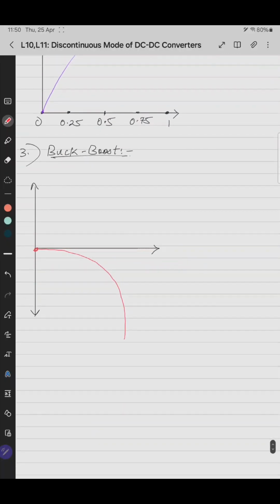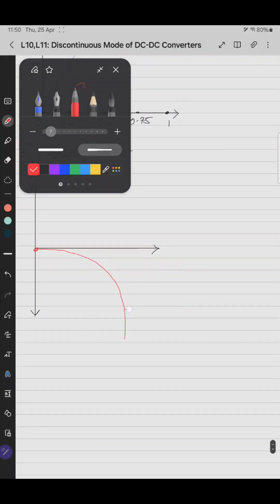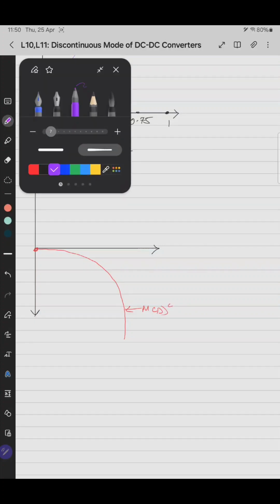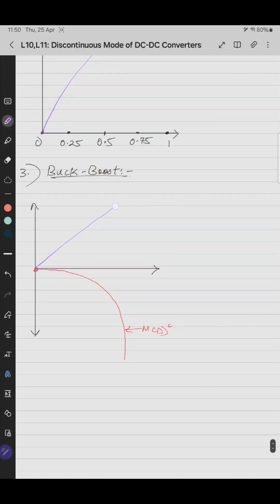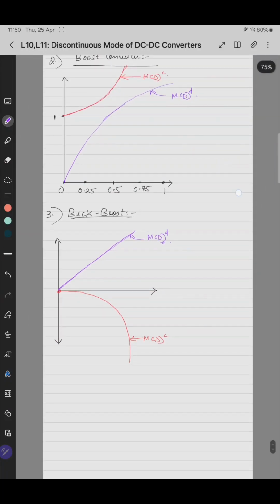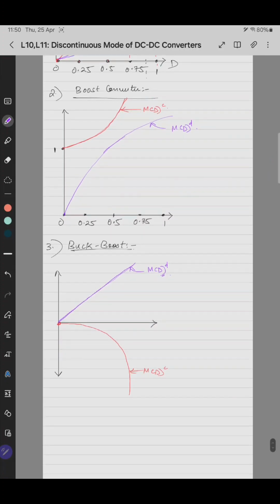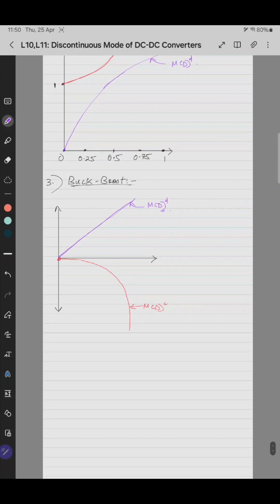So we first write this as M of D for CCM, and this will be M of D for DCM for a buck boost converter. So it's clearly visible that there is no advantage in operating a buck boost converter in discontinuous conduction mode.